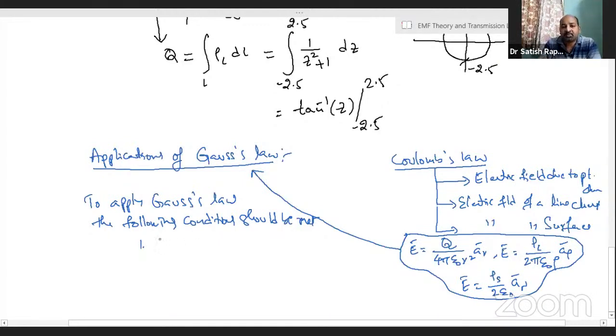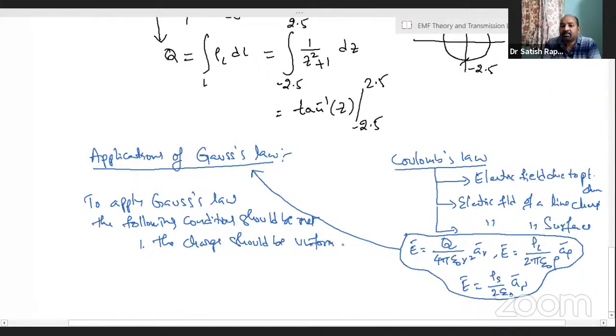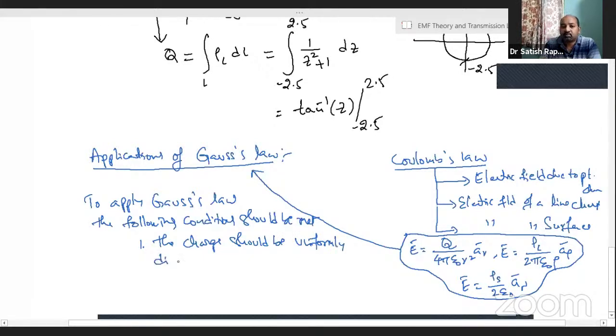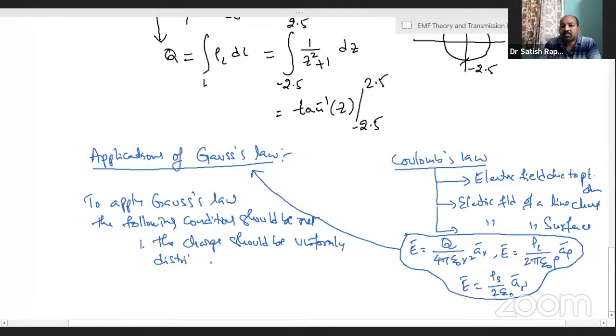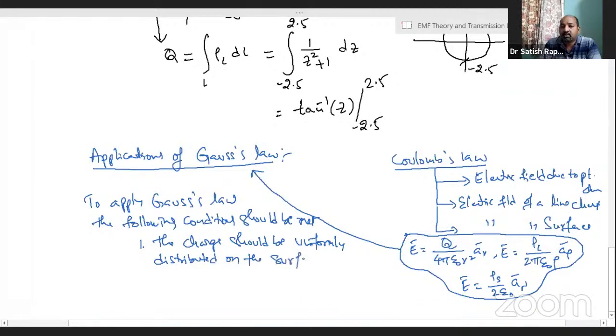So one is the charge should be uniformly distributed on the surface.